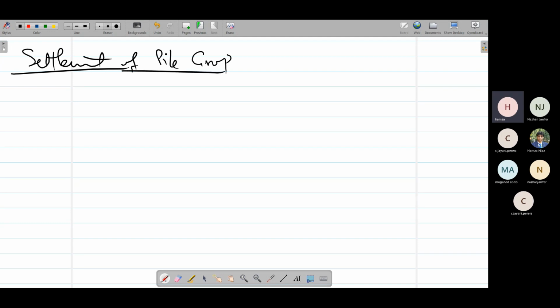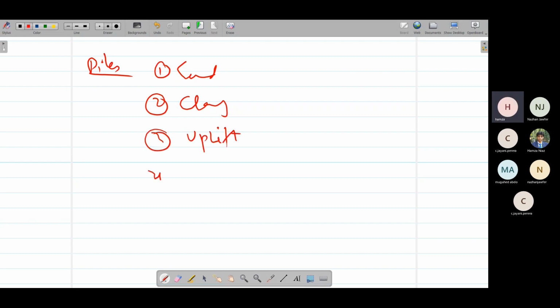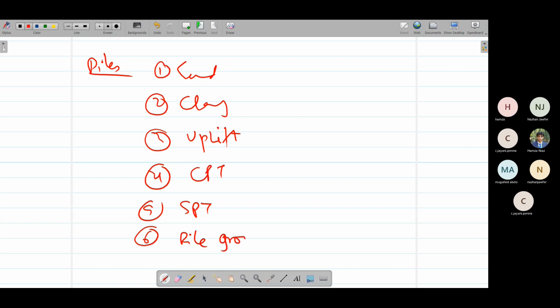So here we have the last thing for piles. For piles, first we covered piles in sand, then in cohesive clays, then uplift pressure, then CPT, then SPT, and afterwards the pile group load, and then the seventh thing, the pile load test.